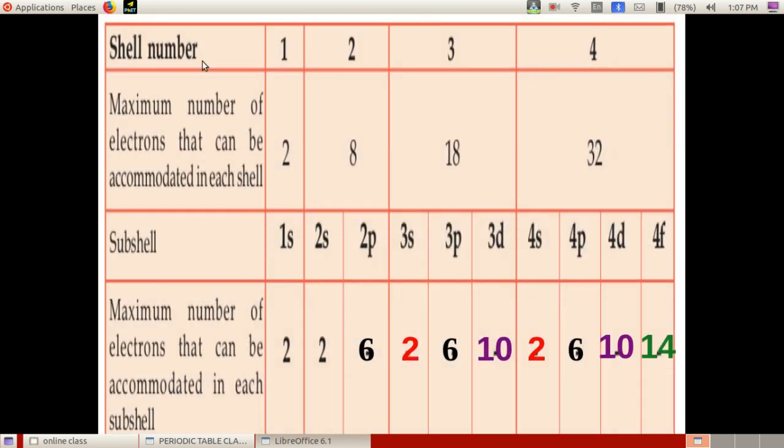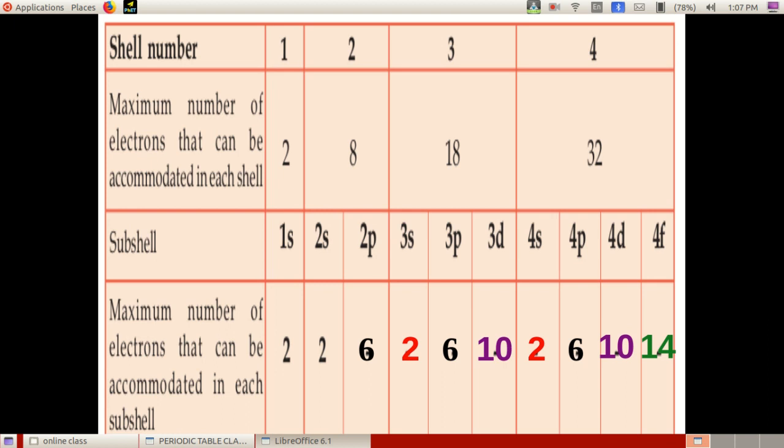Shell number 1, one subshell, that is s. Subshell represents 1s. In shell number 2, two subshells s and p. Subshell represents 2s, 2p.